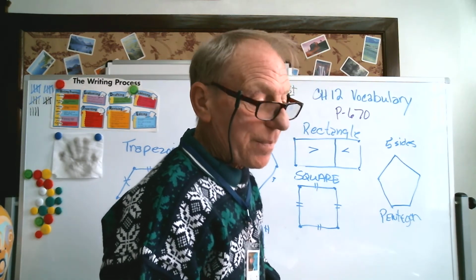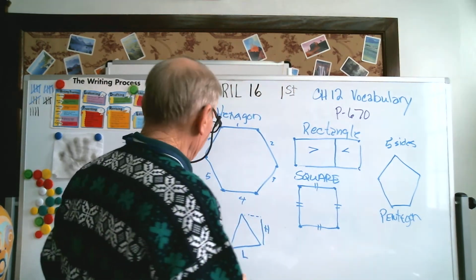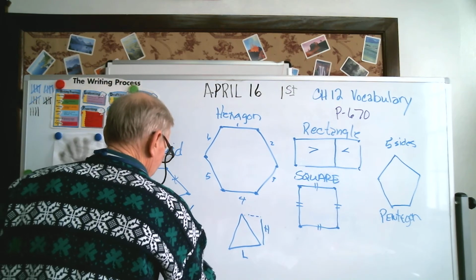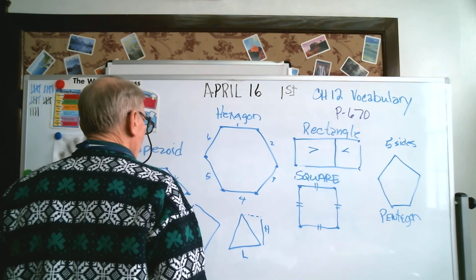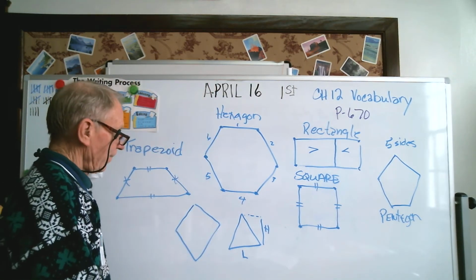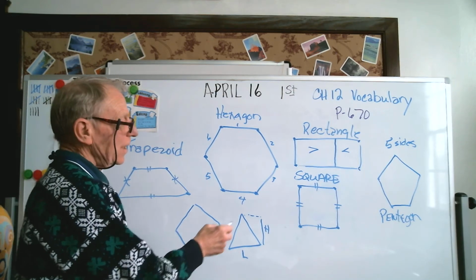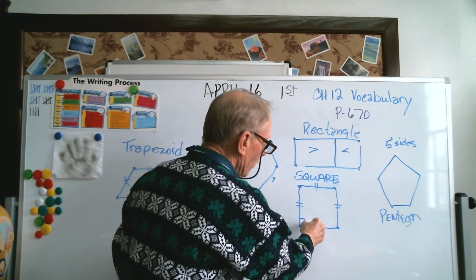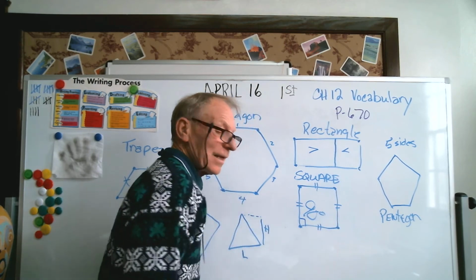There's one other shape here that I'm seeing in the exercise. It's shaped like this, where all 4 sides are the same length, but it's not a square. See, what makes a square is each one of the corners is 90 degrees.